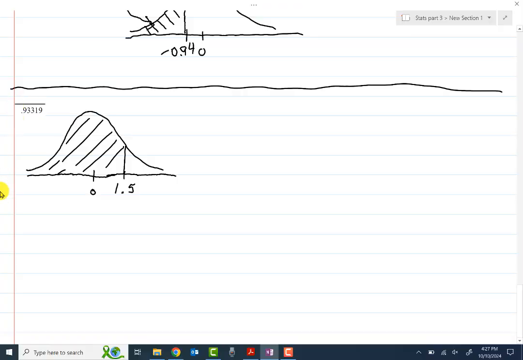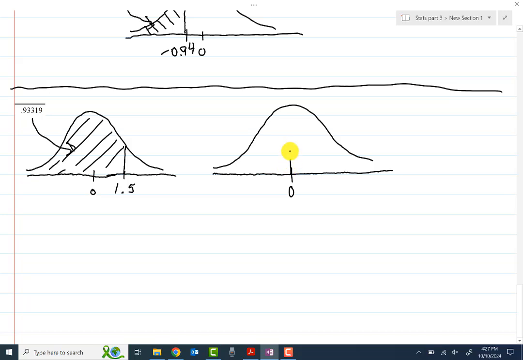So as we see, more than 93% of the data is in that shaded region. Oh, by the way, if I do this, it shouldn't take you much effort to see that that's going to be 50% of the data. Same on the other side, it's 50% as well.